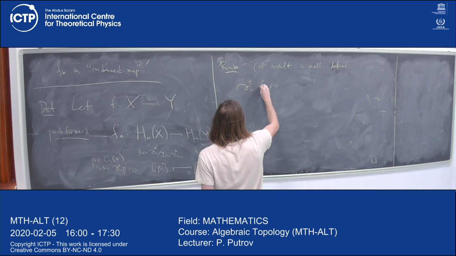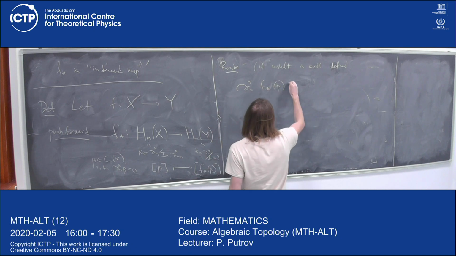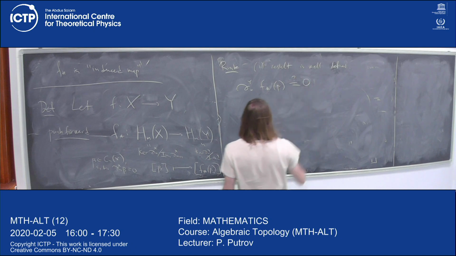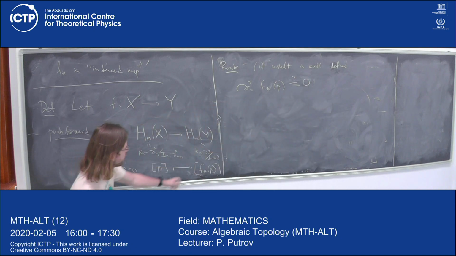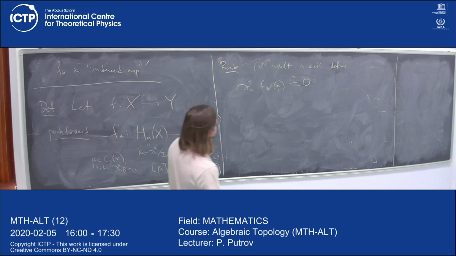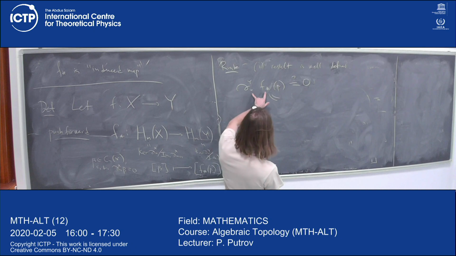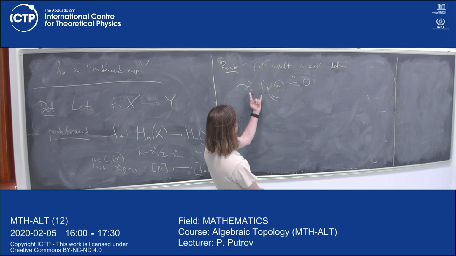We want to check that this is 0, that this indeed belongs to this kernel subgroup. By the previous proposition, we showed that we can exchange F and d here.